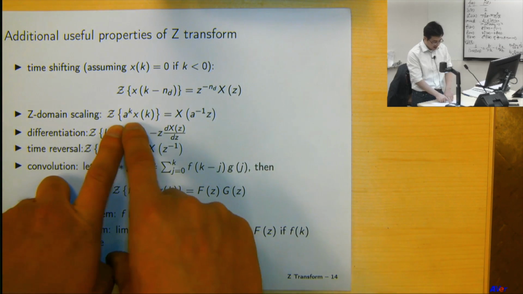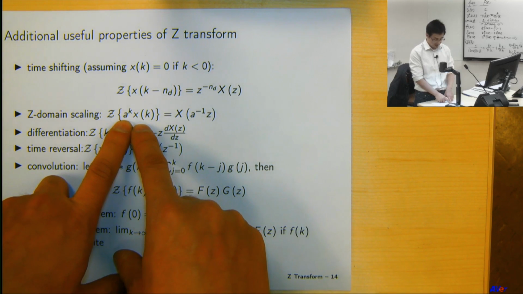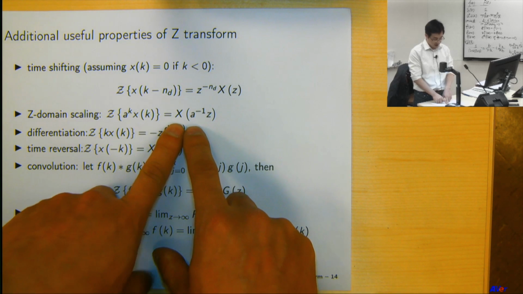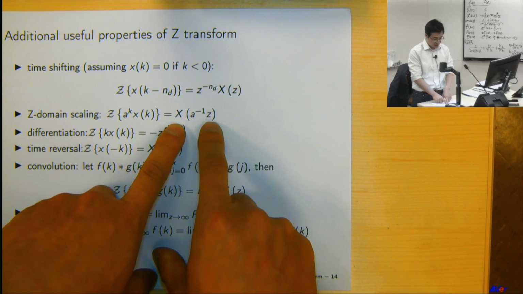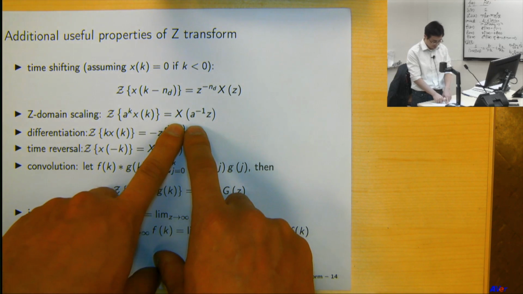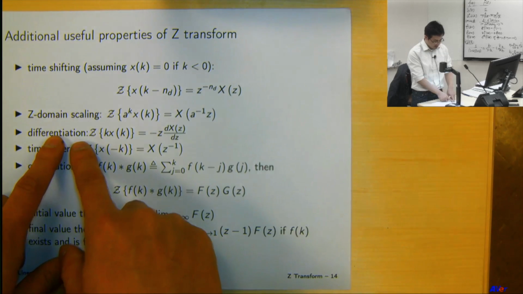And if you scale a time sequence by a to the power of k, then it turns out the Z domain is going to scale the z by a to the power of -1. Differentiation in z.